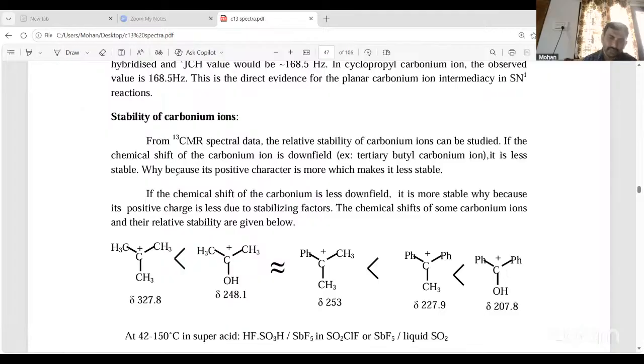The more stable carbonium ion shows the higher delta values, that is, more downfield. And the less stable carbonium ion has less downfield, or lower delta value, right? So here you see this in this particular. Right? So here, acid carbon.